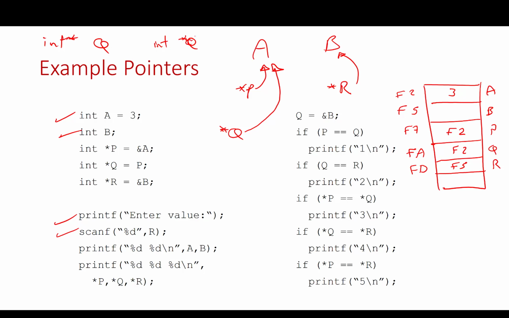Okay. Would it matter if you didn't put a star right there, then it wouldn't be a pointer? No, it will not be a pointer. If you just take out the star, this is a regular variable. Okay? So here, scanning a value to R, which in this case will go directly to B, right? So here, after scanning, let's say, for example, we have value 5 entered by the user.